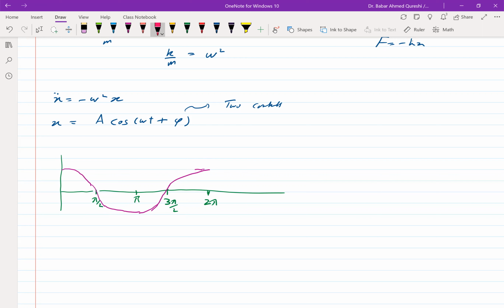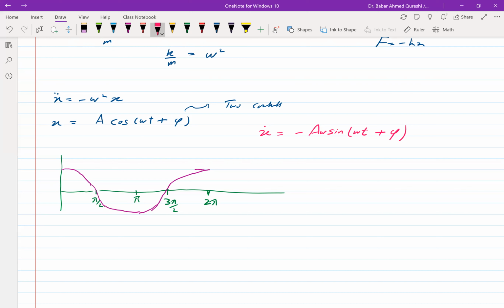Like this. And I can plot the speed. If I take one derivative, that gives me the speed. And it's just the sine graph, but it's inverted.